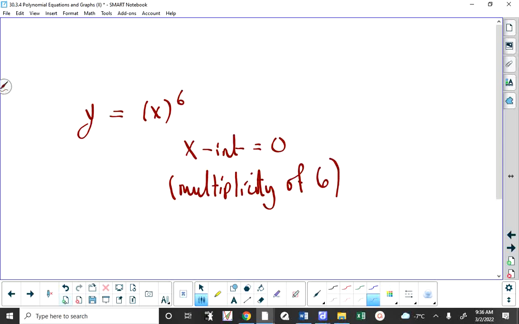And 6 is an even multiplicity, so this graph will be tangent to the x-axis at the origin. And since it's an even degree with a positive leading coefficient, both arms are up. So this is, I would describe it as, almost a very boring graph. It's going to look like this.